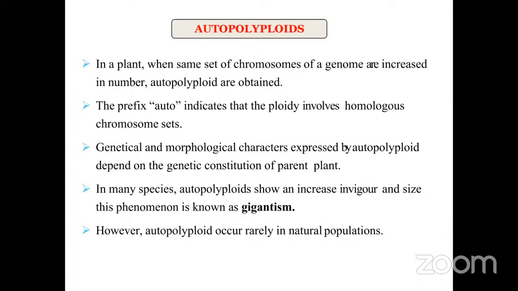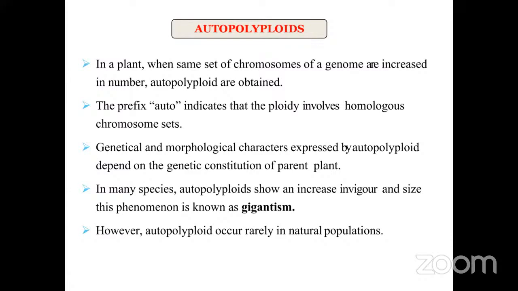In autopolyploids in a plant, the same set of chromosomes of a genome is increased in number, involving homologous chromosome sets. In many species, autopolyploids show increased vigor and size, a phenomenon we call gigantism.